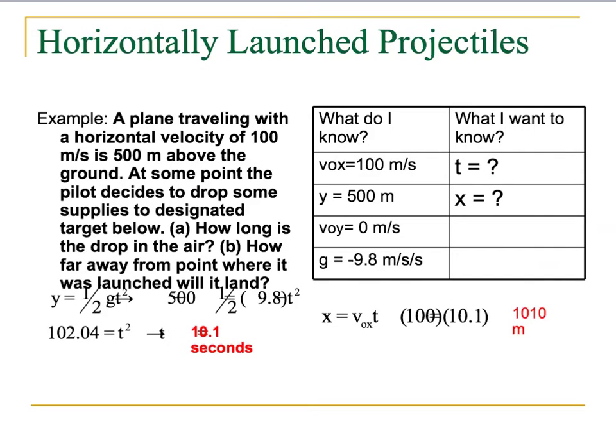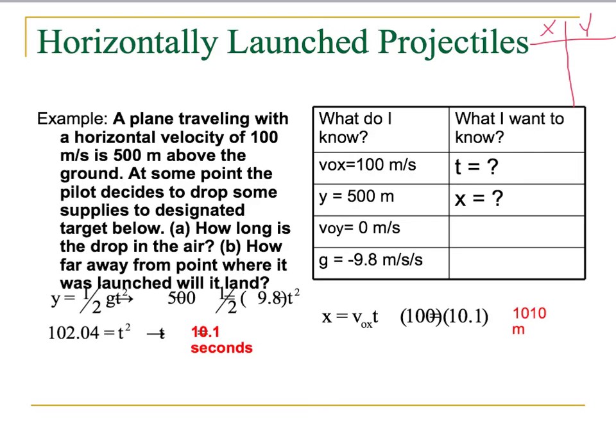So here's an example of a horizontal launch problem. There's lots of ways you can organize your information here, and this is one way you can do it. So you have one column here that says what do I know and what do I want to know. I'm a fan of making a list that has separate X and Y columns because we know that those components are separate, and so I like to keep track of what I can use together and what has to stay separate.